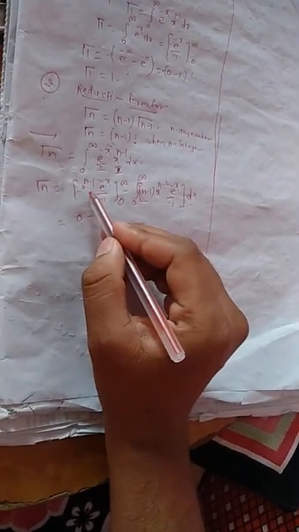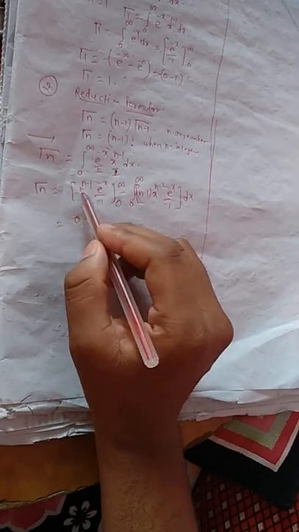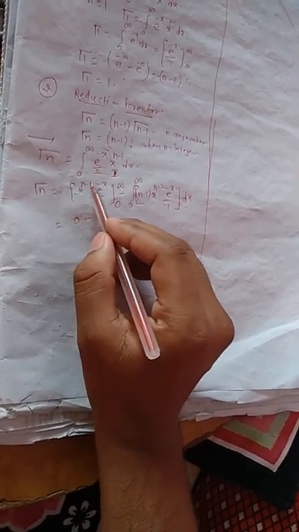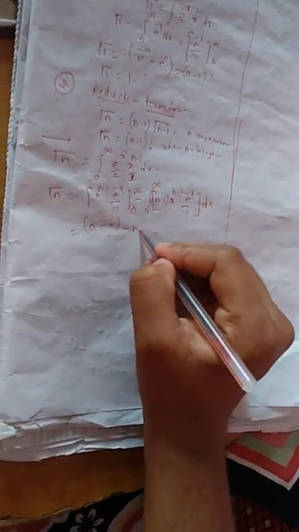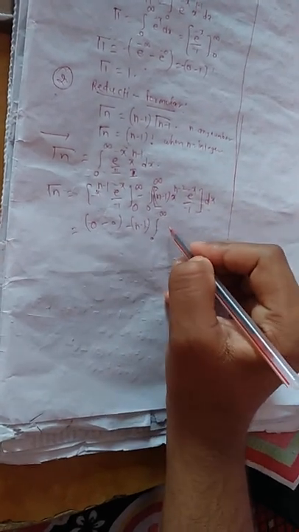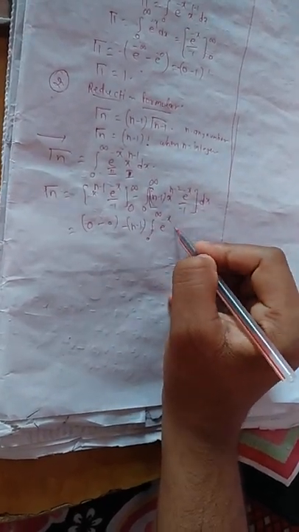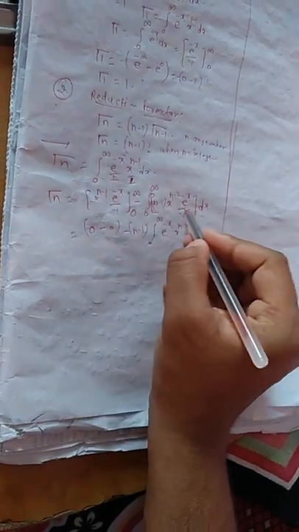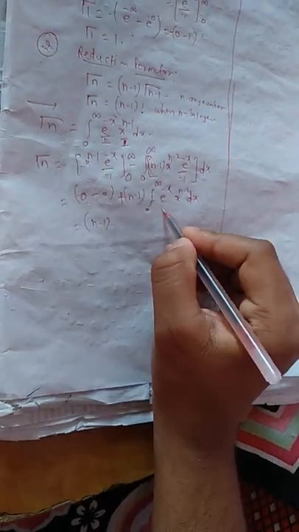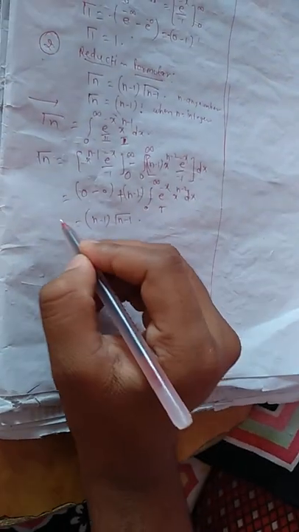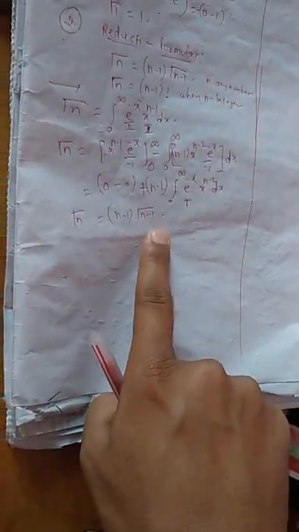Minus, now the lower limit, instead of x we are replacing the lower limit, so 0 raised to n minus 1 becomes 0, into something is 0, minus n minus 1 as it is integration 0 to infinity e raised to minus x, x raised to n minus 2, and this minus becomes plus, dx. And this is the definition of gamma n minus 1 only. So this n minus 1 and this integral is gamma n minus 1, hence gamma n is equal to n minus 1 gamma n minus 1.